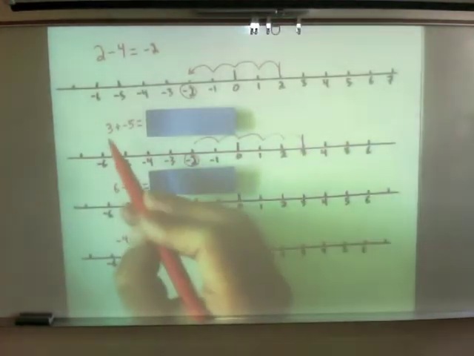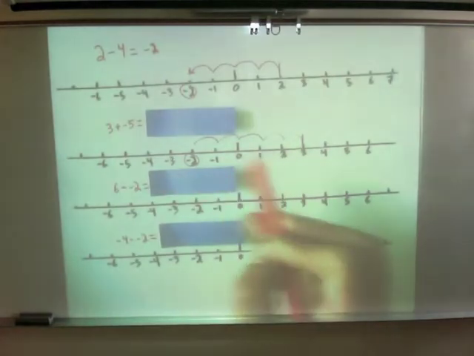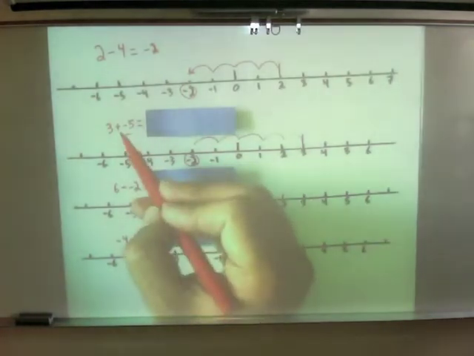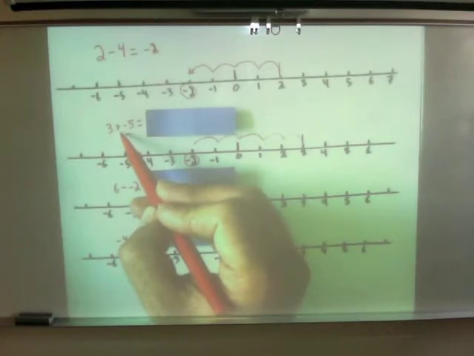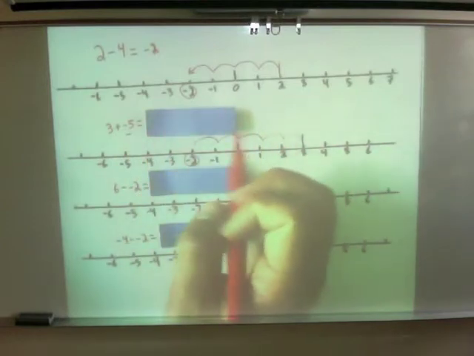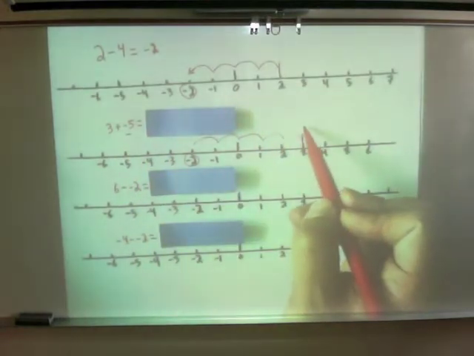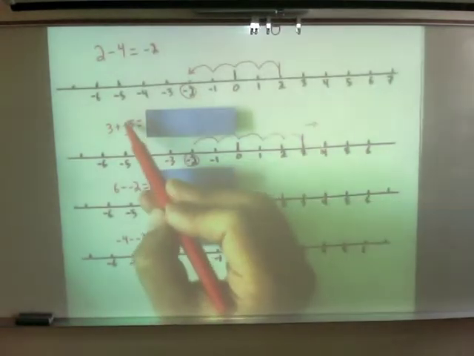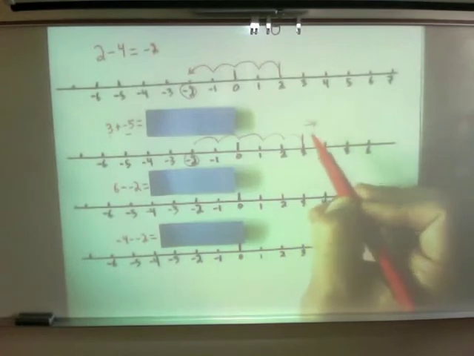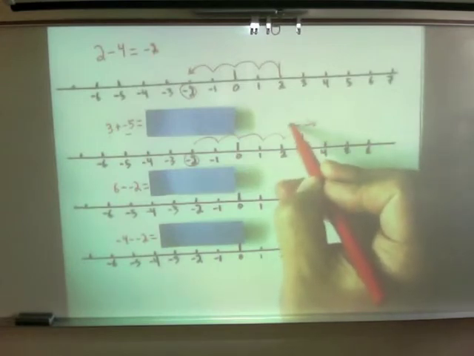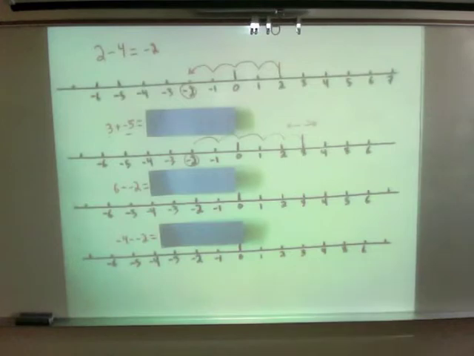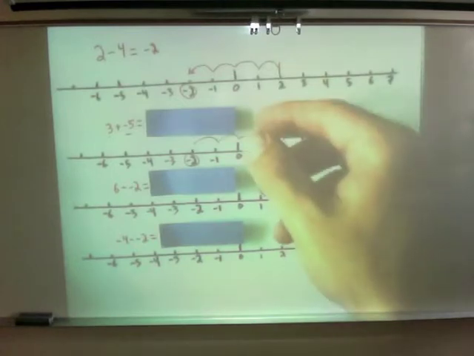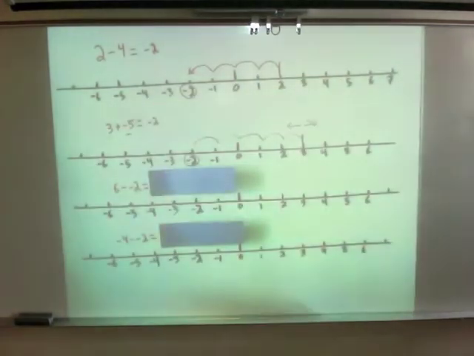Even though in our other videos we said that plus means go right on the number line, so our initial thought would be that we'd go this way, unfortunately this negative right here makes that not right. If it's a negative number, we go to the left, especially when we're adding. So let's unveil it. What do you think it is? Boom, negative 2 again.